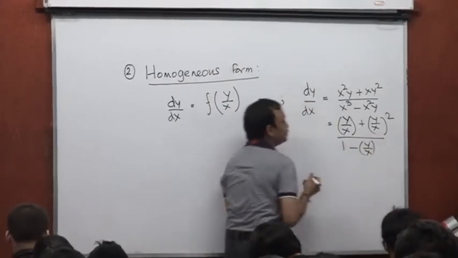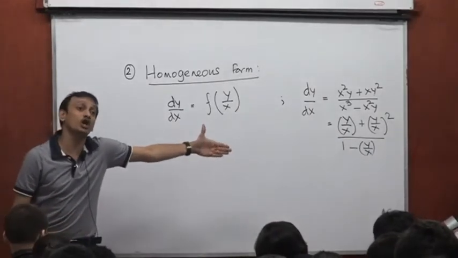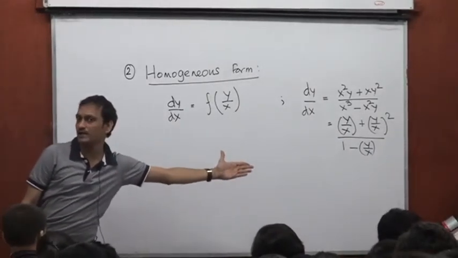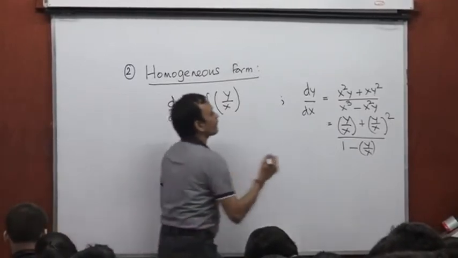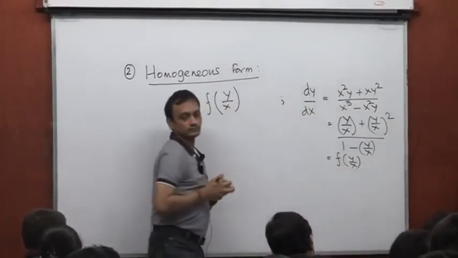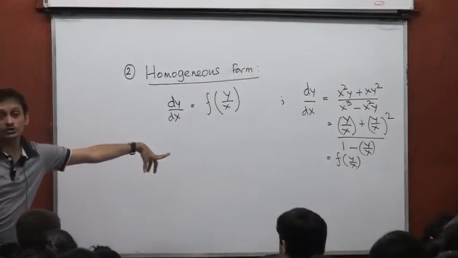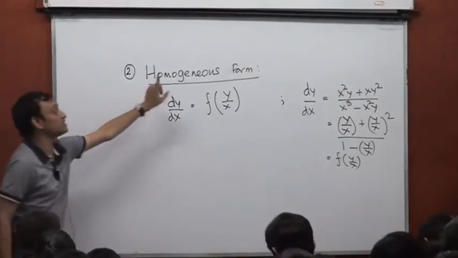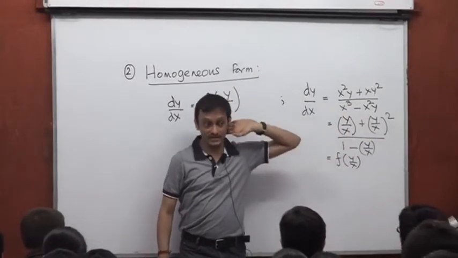Do you then realize that it's become a function of y by x alone, is it not? So this becomes a differential equation which is homogeneous because dy/dx is a function of y by x alone.